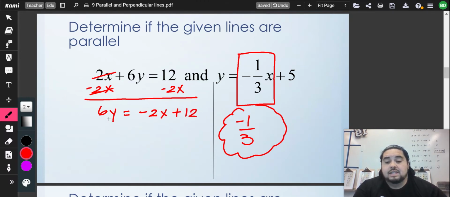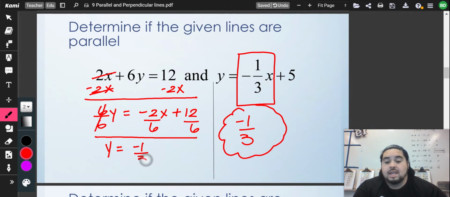Now, to get rid of the 6 in front of the y, I'm going to divide. If I divide one thing by 6, I have to divide every other term by 6. So then I have y equals, and now I want to reduce this fraction, negative 2 over 6. You can simplify by 2, so that's negative 1 over 3x plus 12 divided by 6 is 2.